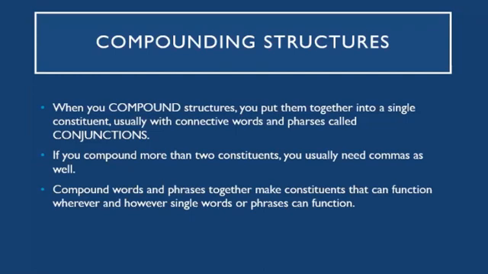If I say Oliver, Leo, and Jasmina, I use commas, but that is punctuation. So compound words and phrases together make constituents that can function wherever and however single words or phrases can function. It is the same thing, right?